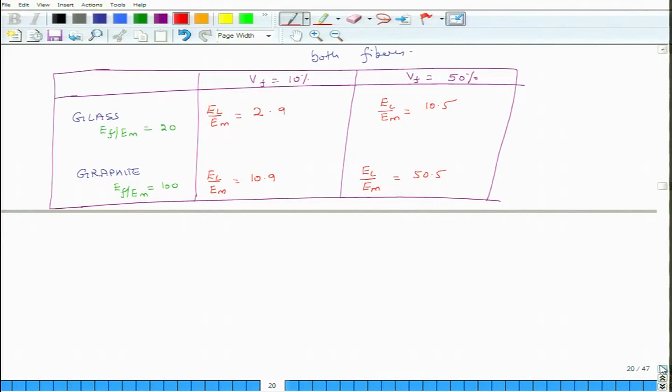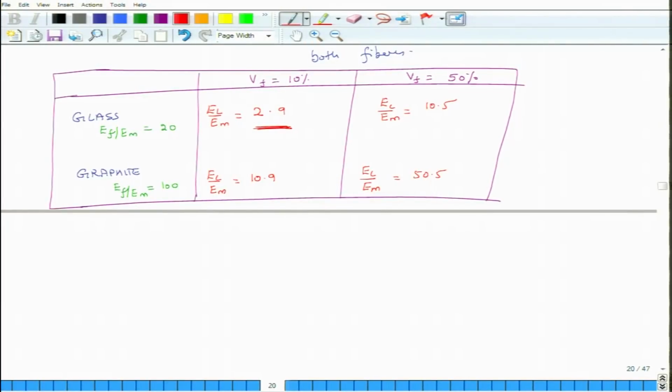So, couple of observations, I mean these are simple calculations, but couple of important observations. Even if I put a 10% glass fiber in the matrix material, just a small amount, it increases the modulus by almost 3 times, and glass is not that stiff compared to graphite. Okay. Glass is only 20 times stiffer than matrix, graphite is 100 times stiffer.